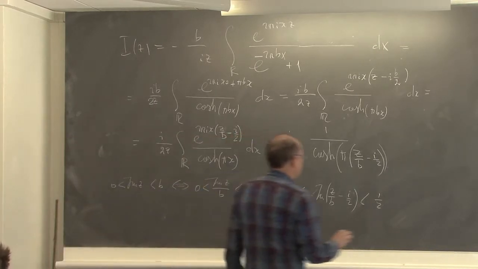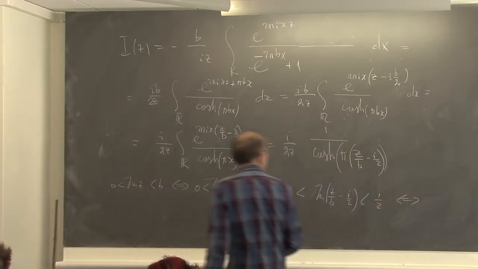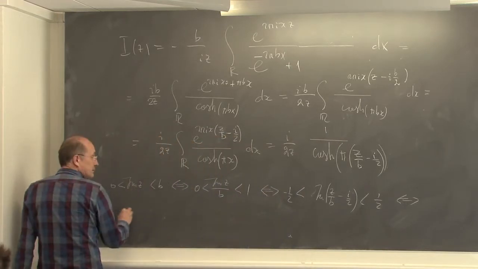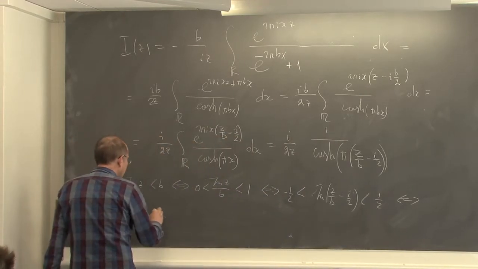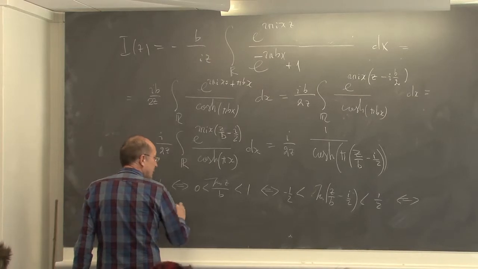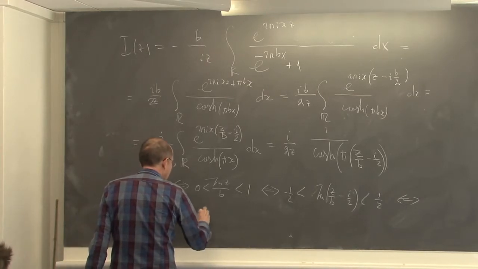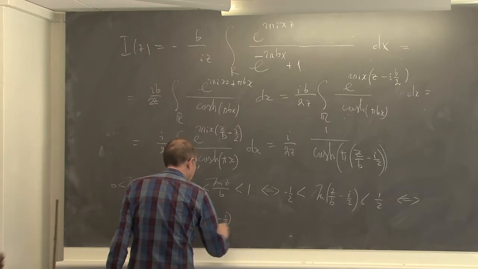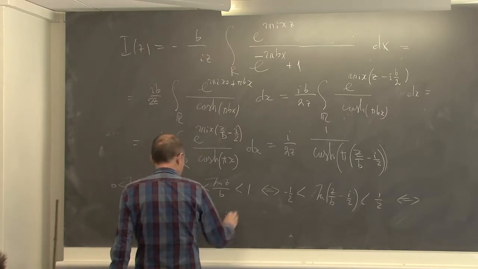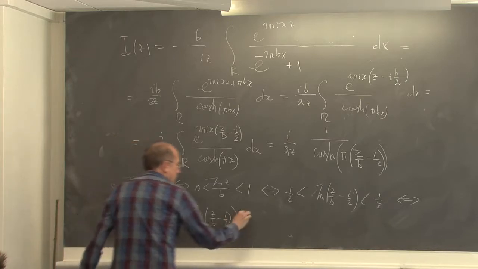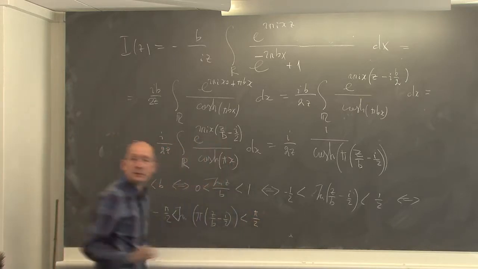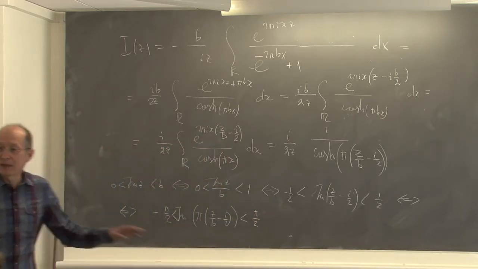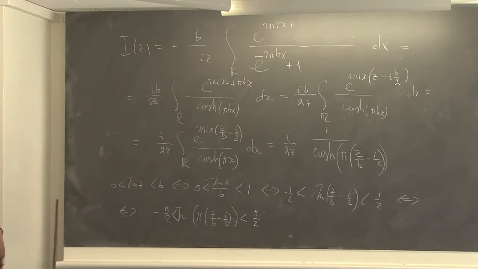And this is equivalent to minus pi over 2 less than the imaginary part of pi times (z over b minus i over 2) less than pi over 2. I multiplied all three terms by pi.